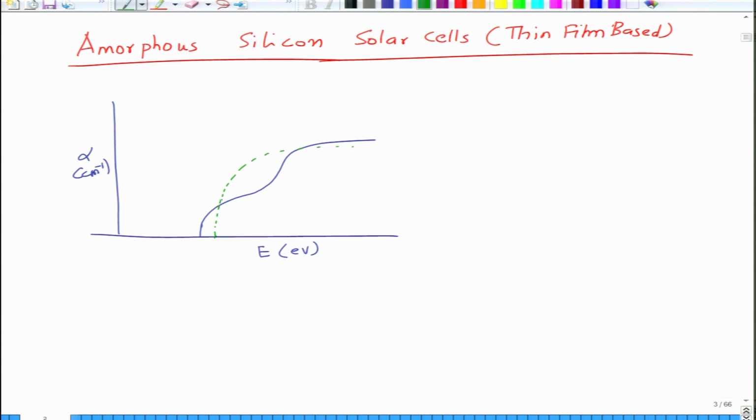So, this is amorphous silicon, and this is crystalline silicon. Amorphous silicon is generally hydrogenated to passivate the bonds. So, amorphous silicon offers much higher absorbance as compared to bulk silicon.